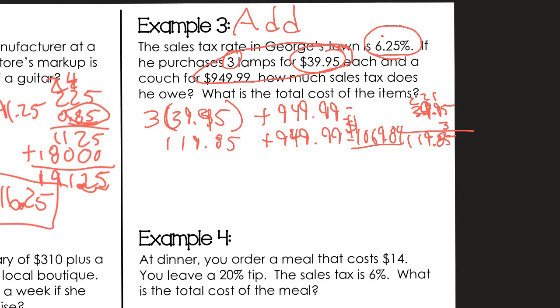All right. Now I need to figure out what the sales tax is, because that's the question. How much sales tax? Well, that would be my total times the sales tax. Well, I moved the decimal place 1, 2 to the left, so I get 0.0625.